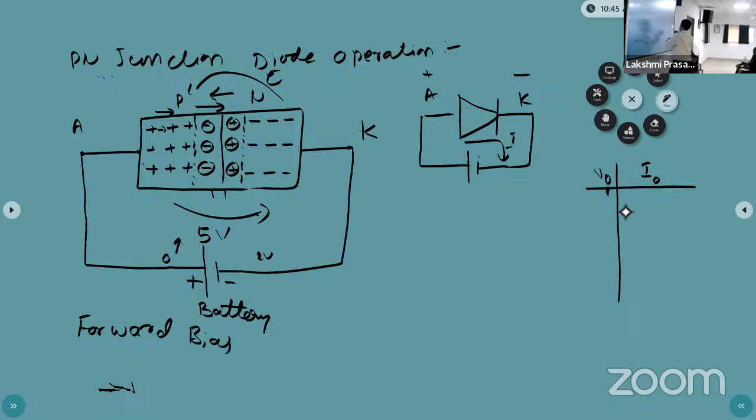Now at 0 volts, how many electrons? Just tell me 1 or 2, not like few or more or medium or whatever.